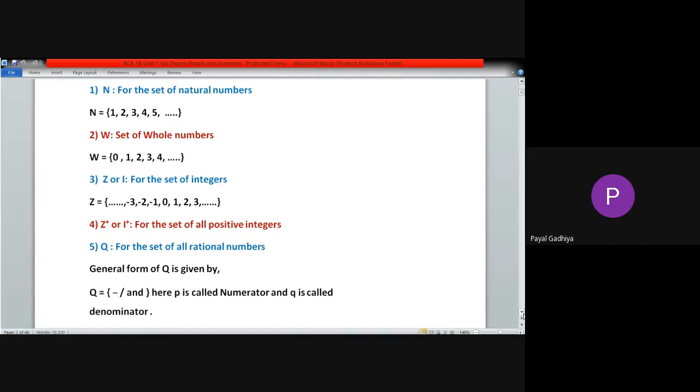Okay, the number is 0. Which sets will contain 0? Yes, whole numbers.